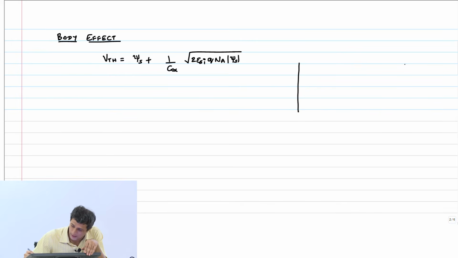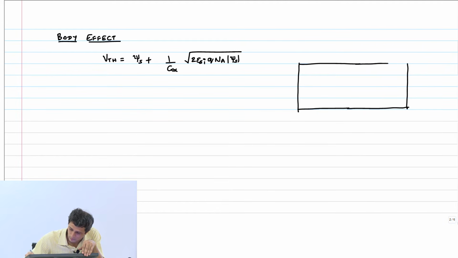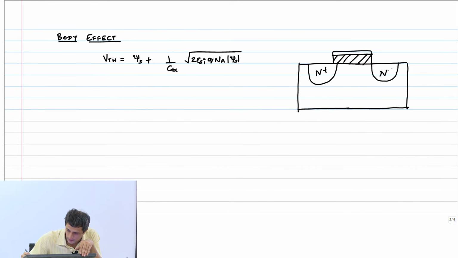So what was the structure like? We had a P substrate, then we had our gate with a metal and then the oxide, then we had some depletion like this. This was N plus and P. Then we applied a gate potential.